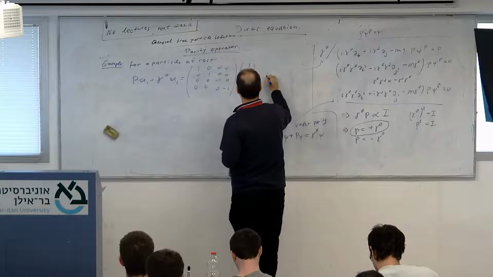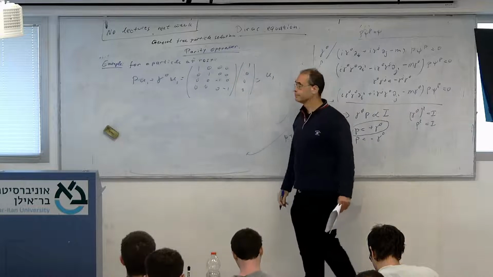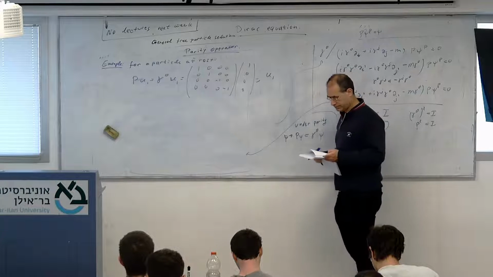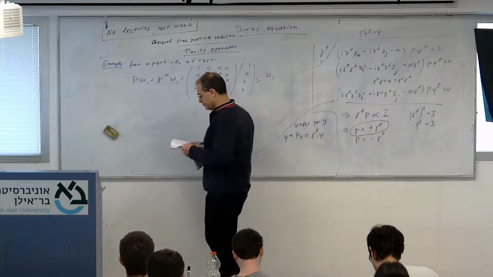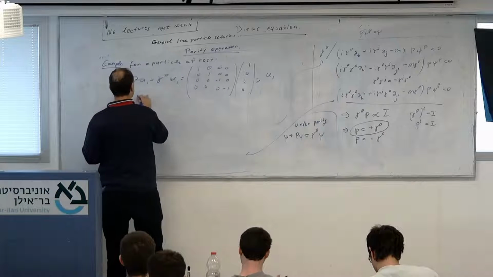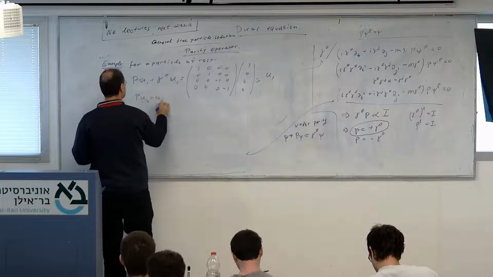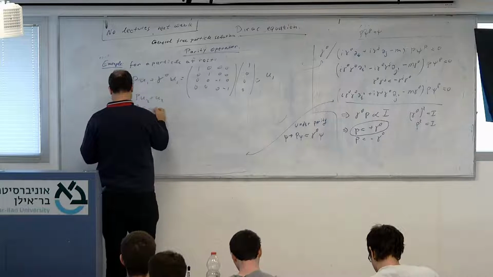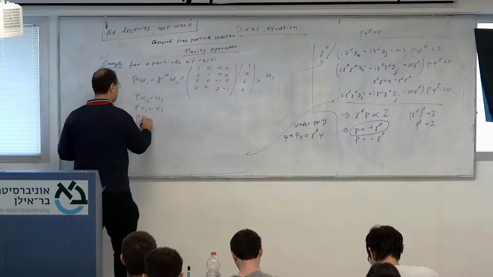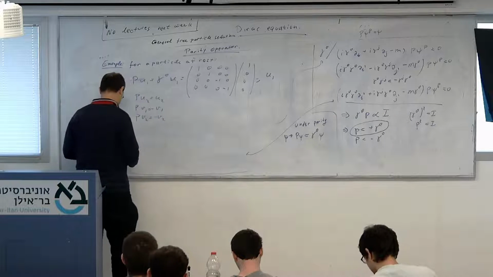So P u2 is also u2, P v1 is minus v1, P v2 is minus v2.